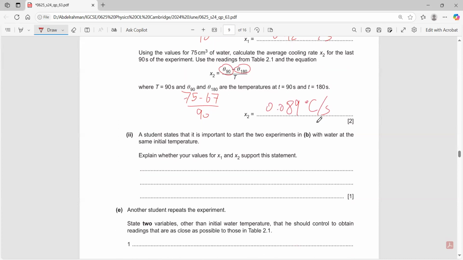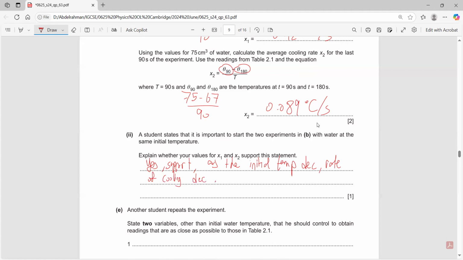The student states that it is important to start the two experiments with the water at the same initial temperature. Yes, it is. Why? Whether your values support the statement. Yes, they support it. Because as the initial temperature decreases, the rate of cooling also decreases.